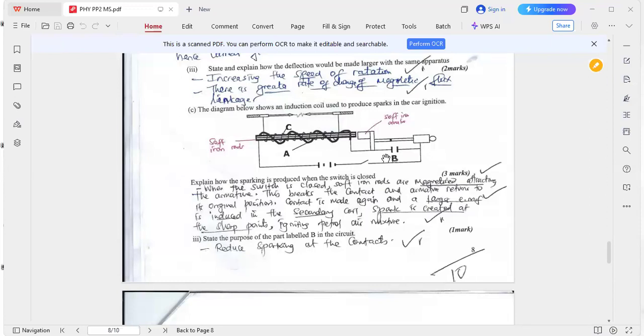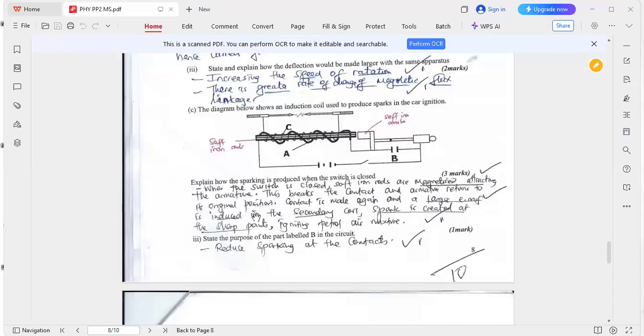Is it by building up current, connecting, or disconnecting, that is current dying off? You find that a higher EMF is induced when current dies off than when it builds up. So the whole system is designed so that a higher EMF is induced in the secondary coil C when there is a breaking of the contact here.